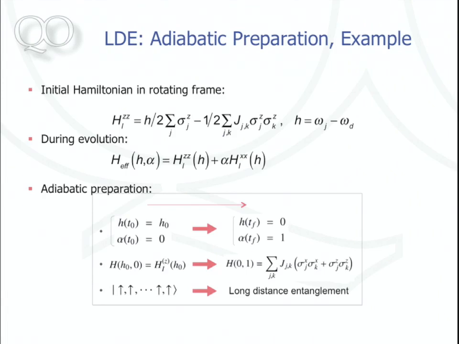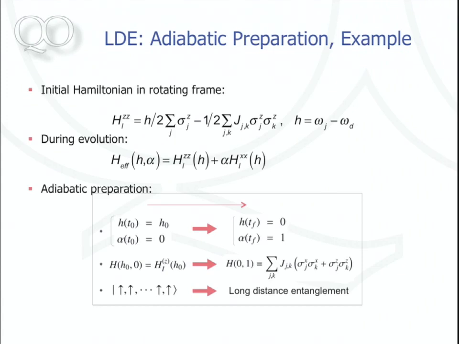So this is the effective Hamiltonian, and now we start with this simple Hamiltonian, and then we adiabatically move these parameters. h initially is some h0, so that's this Hamiltonian. In the end it's 0, so this part disappears completely, and we ramp up this alpha parameter so that at the end we achieve exactly this Hamiltonian here.